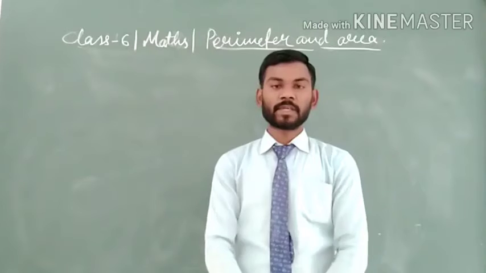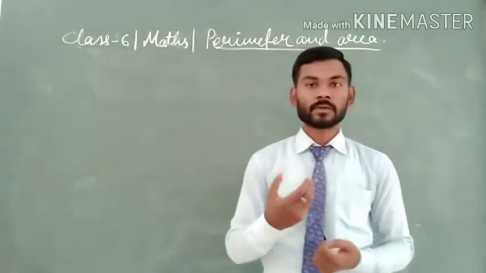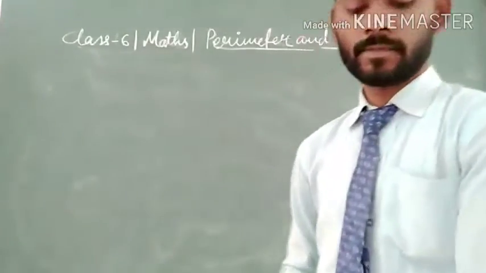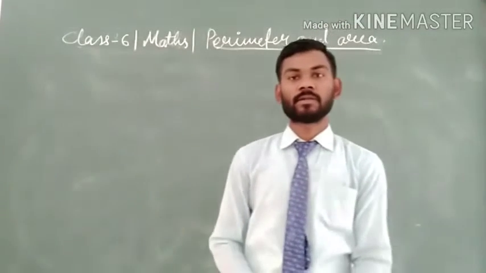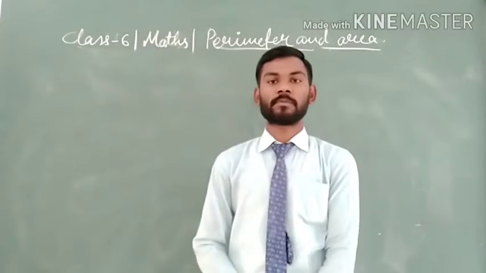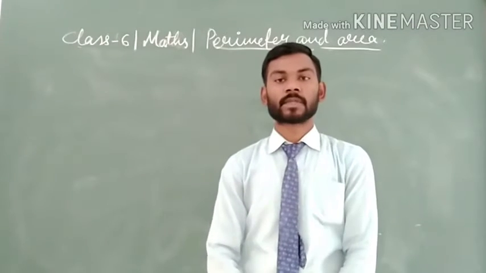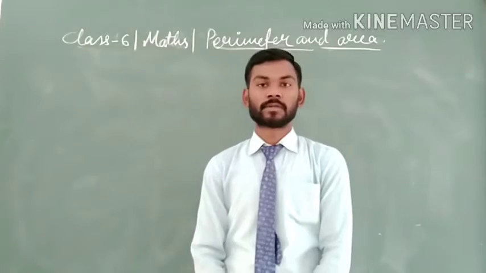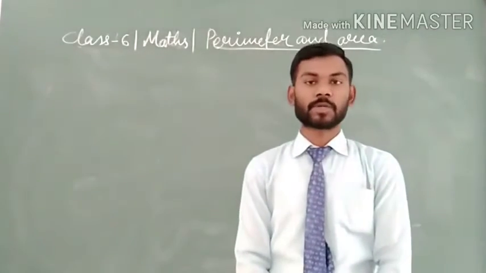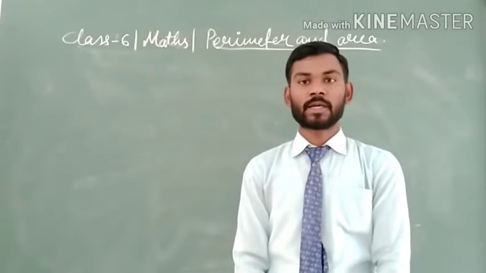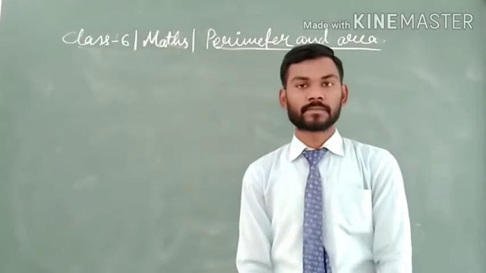Today we shall discuss some more about area and perimeter. In the last session we discussed the basics of area and perimeter, in which I explained the definition of perimeter and area using the concept of geometry, and I hope that you got everything clearly.